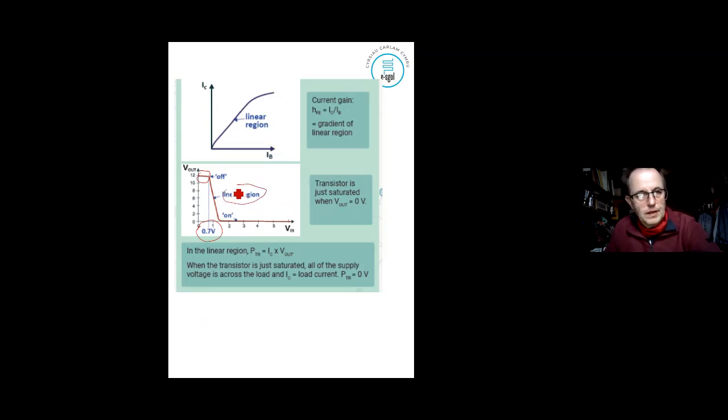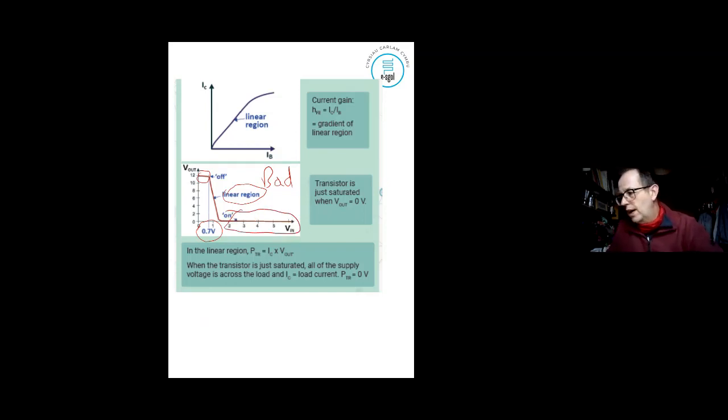The linear region is where the transistor is switching on. You've got current coming down through your collector, and it is a barred region to be in as a transistor. You don't want to be there, because the transistor will now dissipate power. Saturation is a good place for a transistor.